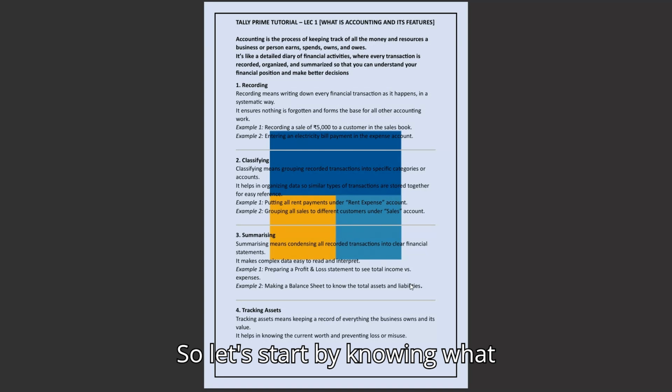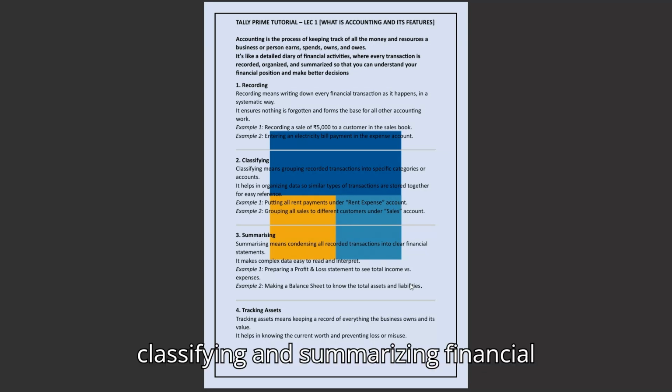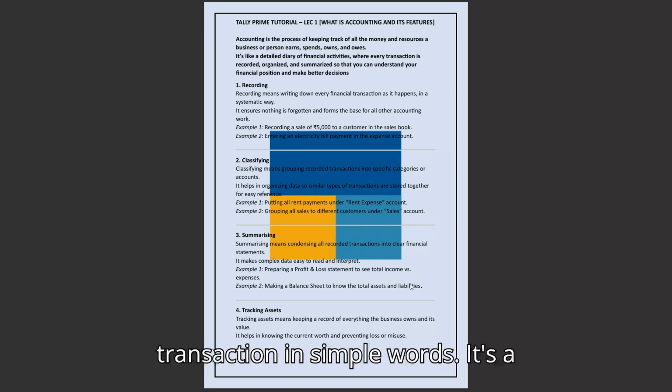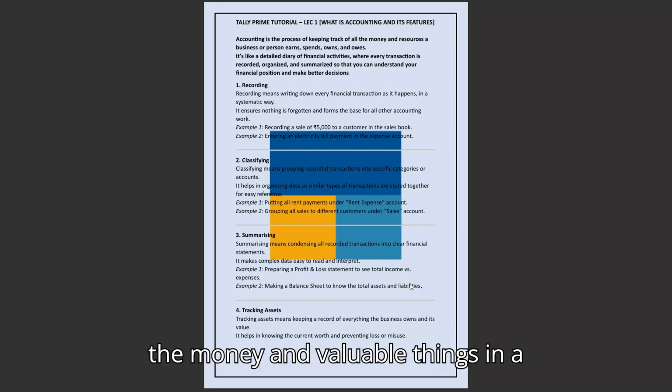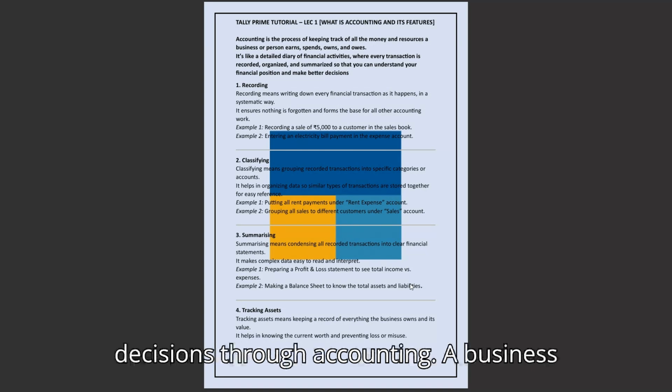So let's start by knowing what accounting really is. Accounting means recording, classifying, and summarizing financial transactions. In simple words, it's a systematic way of keeping track of all the money and valuable things in a business so you can make the right decisions.